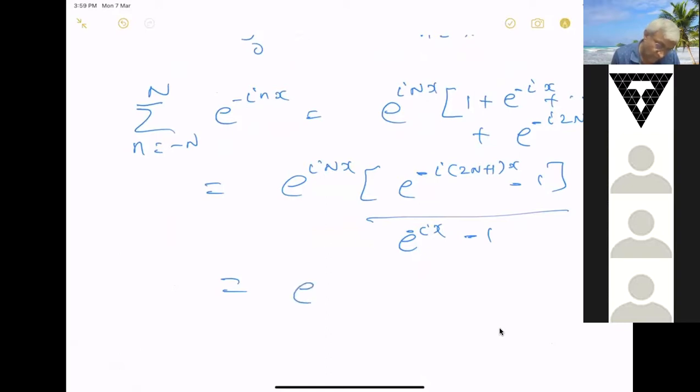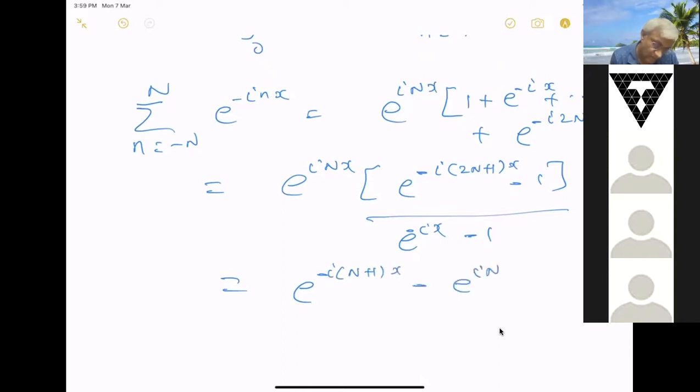So now this is equal to e power, if I take I n x there, then this is going to be I 2n plus 1 minus n, which is just n plus 1, right? Minus e power I n x divided by e power minus ix minus 1.